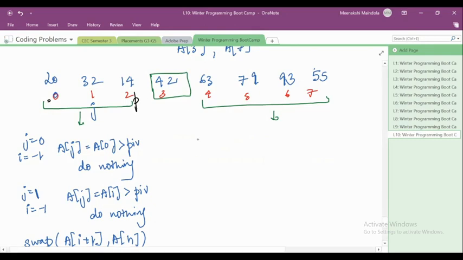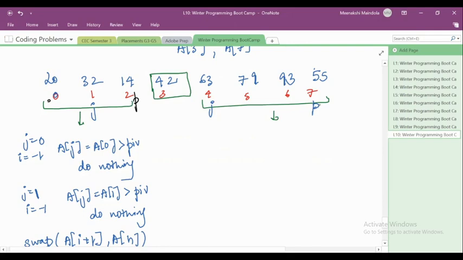What will happen for this value, where j is going to start from here and this is going to be considered as the pivot element? Yes, j is here and p is going to be considered as the pivot element.